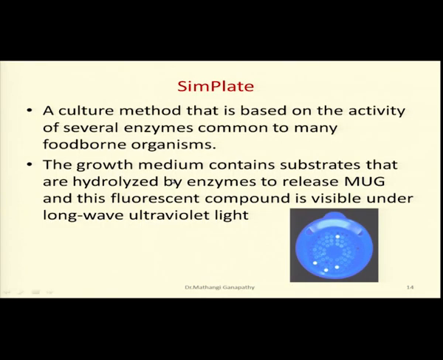The next methodology we are going to talk about is called Simplate. This is a culture method that is based on the activity of several enzymes common to many food organisms. So, we are not going to distinguish a particular microbe, but what we are going to see is a broad range of organisms, detect a broad range of microorganisms which are normal dwellers.